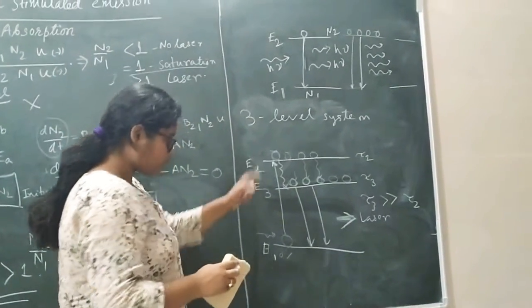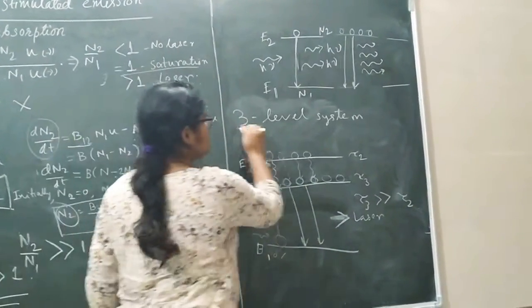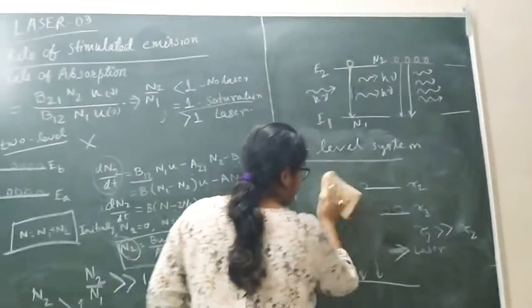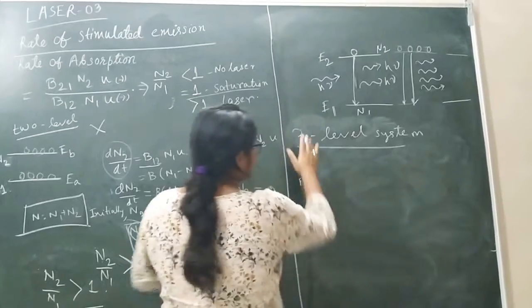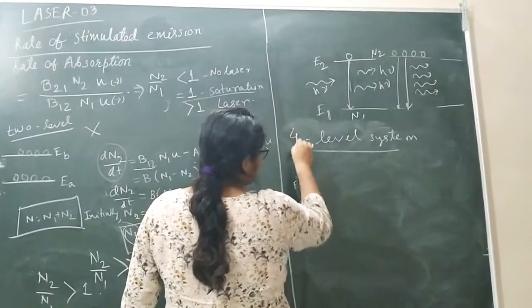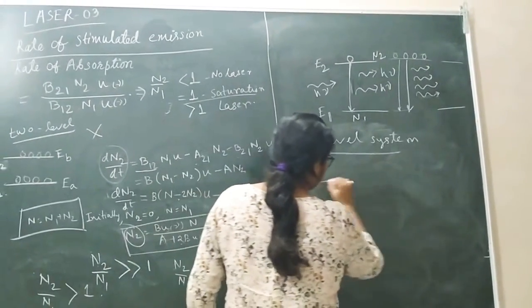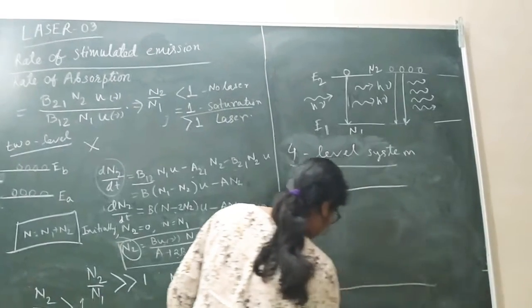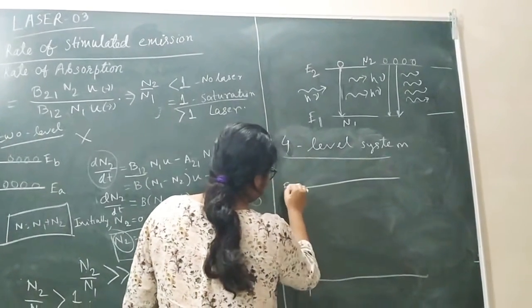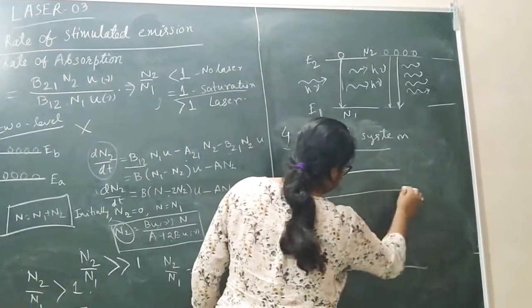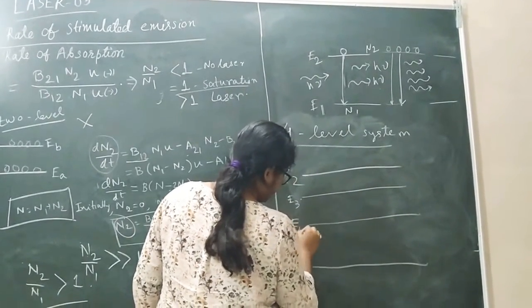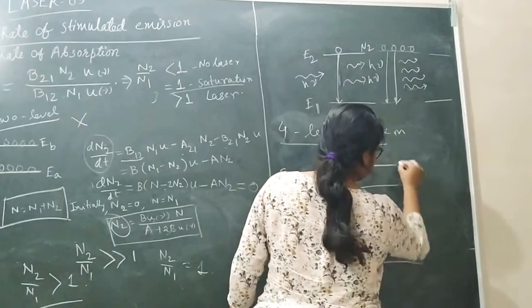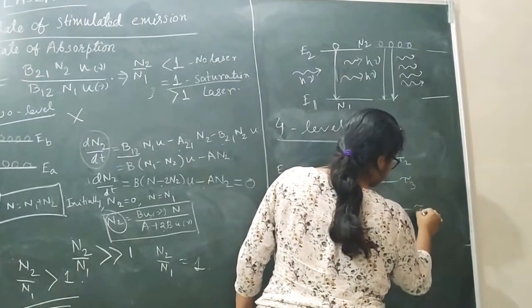Now this is the 3-level system, and there is another kind of material consisting of a 4-level system. What is that? Suppose in between the 2 levels, E1 and E2, there are 2 other levels, E3 and E4. Now the lifetimes are tau 2, tau 3, tau 4.